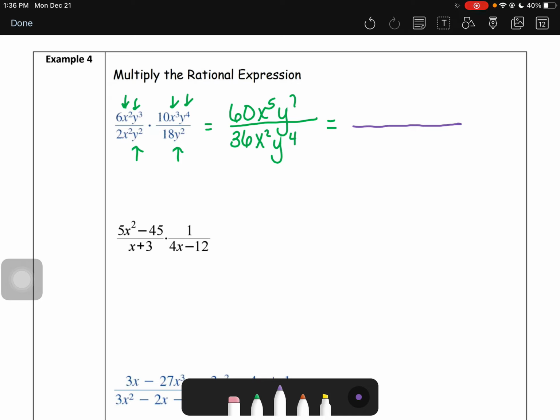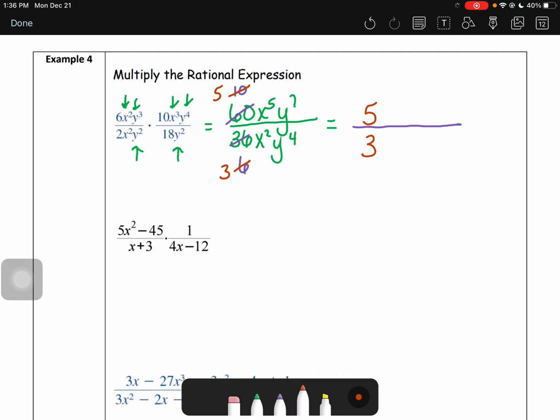So we know that 6 can go into 60 10 times, and 6 can go into 36 6 times. But I still can simplify, so 2 goes into 10 5 times, and 2 goes into 6 3 times. So now that I have the numerical portion simplified, I'm going to simplify the variables.